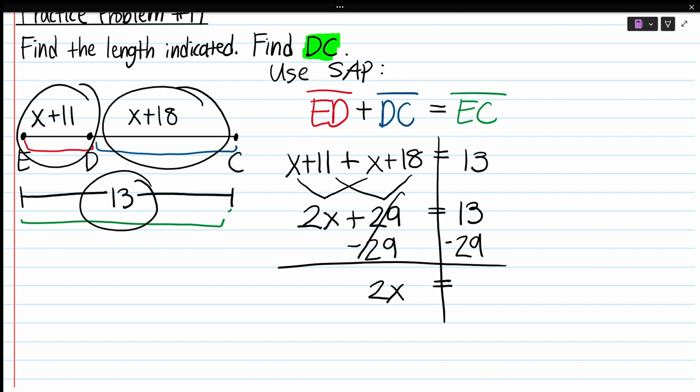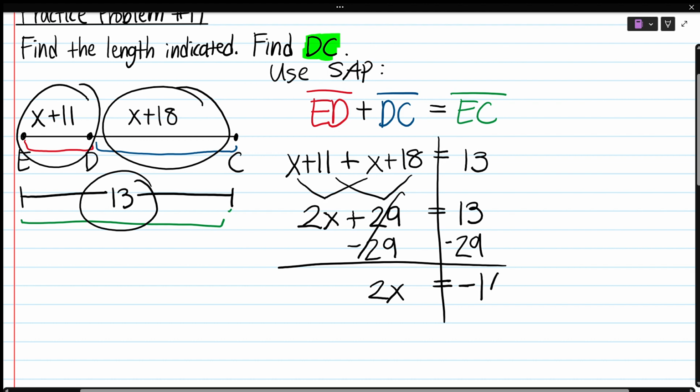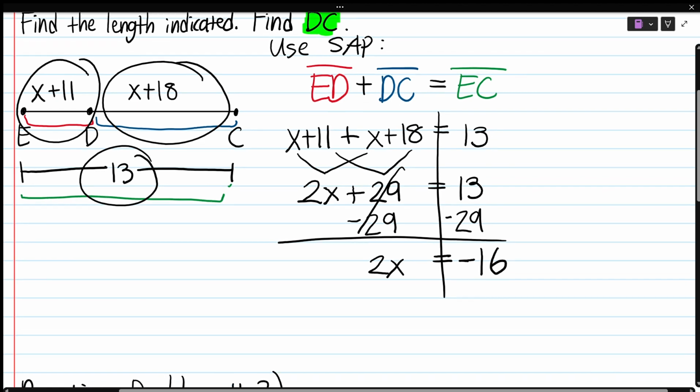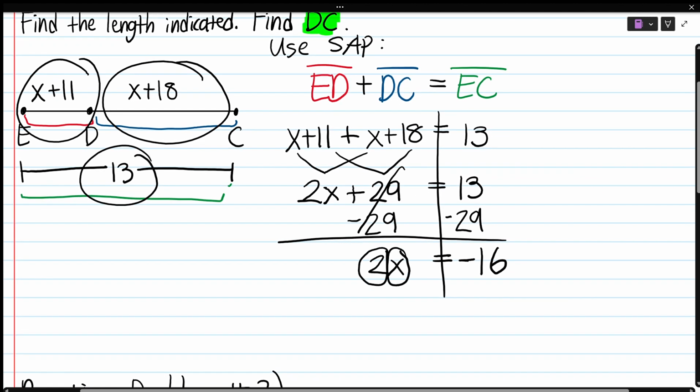So 13 minus 29 is negative 16. Alright? And now we have 2 times x. So if we want to get rid of the 2, divide by 2. You get x equals negative 8.